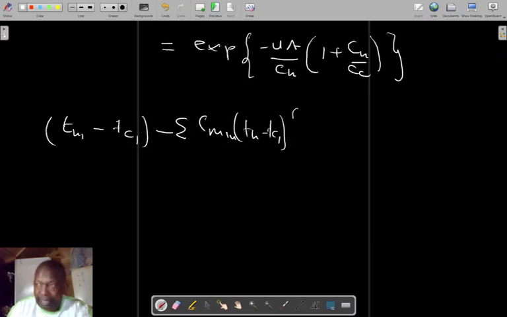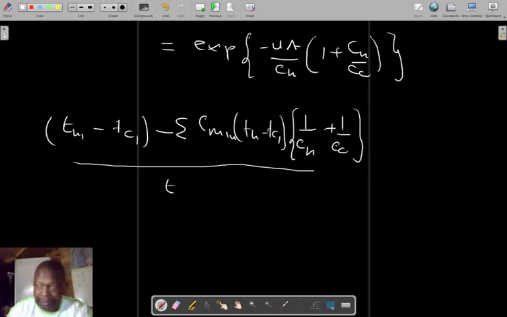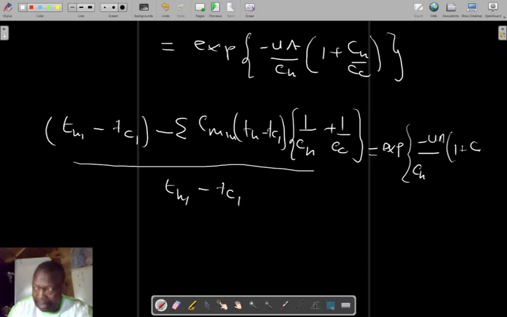Okay, then I have 1 over CH plus 1 over CC, that way, all over (TH1 - TC1), that is equal to the exponential of -UA over CH, 1 + CH over CC, something like that.